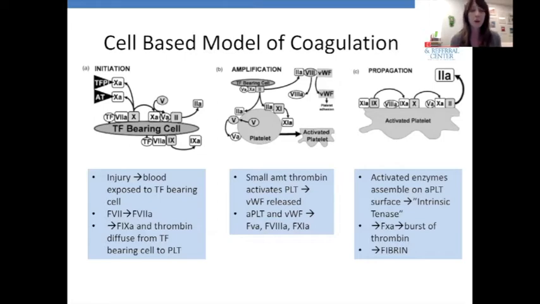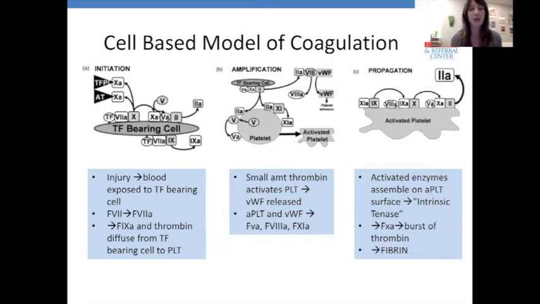So the cell-based model is really comprised of 3 separate stages. The first being what we call initiation. In the initiation phase, there's that initial injury to the endothelium, for example. And so the blood is exposed to, let's say, an endothelial cell, and we'll use this TF-bearing cell example to be an endothelial cell. So the endothelial cell is going to be exposed to blood.